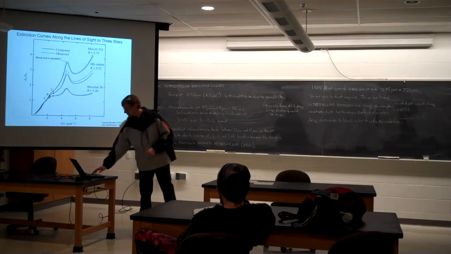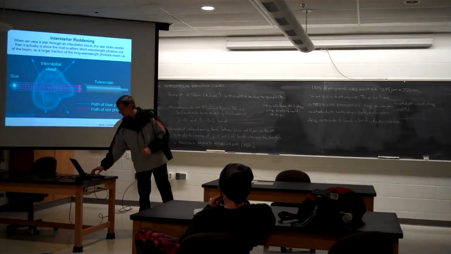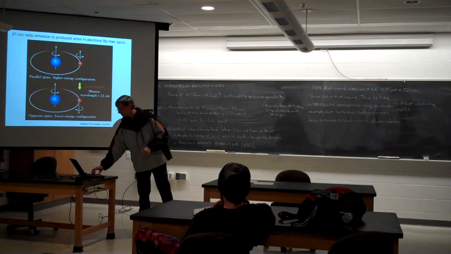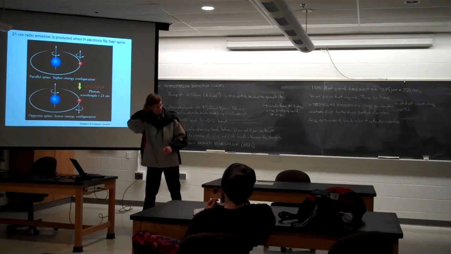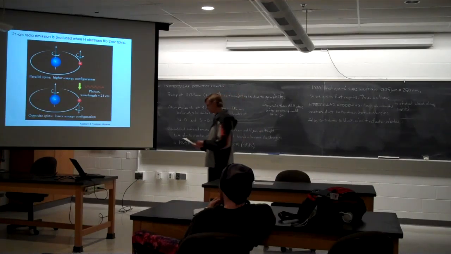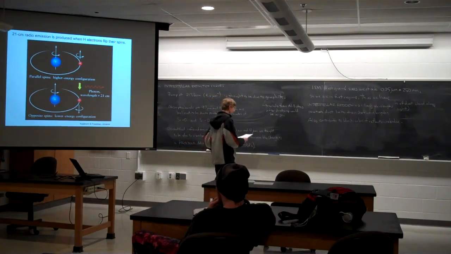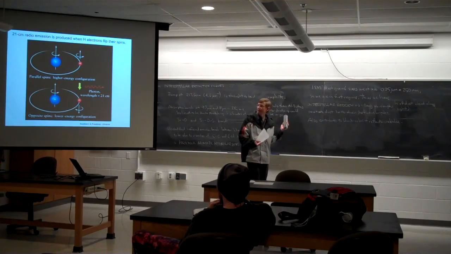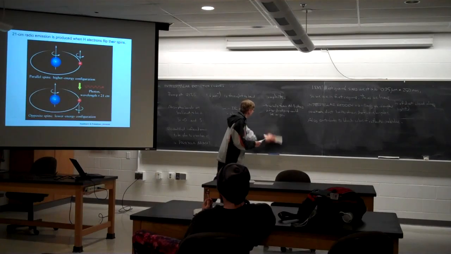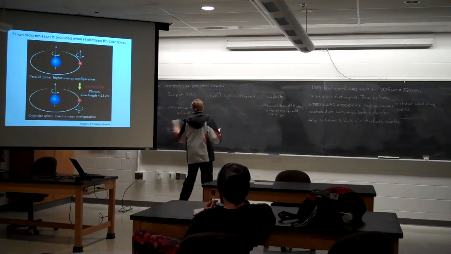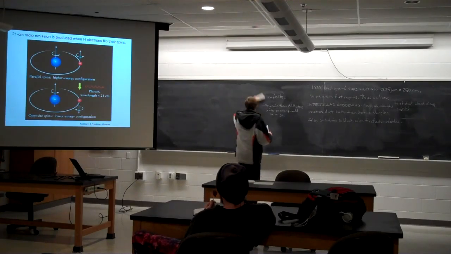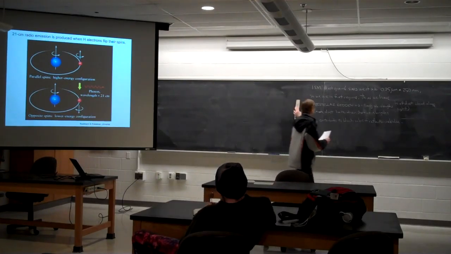Okay, let's talk some more about the composition of the interstellar medium in general, since I already did all this stuff last time. In the interstellar medium, the most prominent component is hydrogen gas, not surprisingly, right? Most of the ordinary matter in the universe consists of hydrogen. Some of the interstellar medium hydrogen is atomic, some of it is molecular.